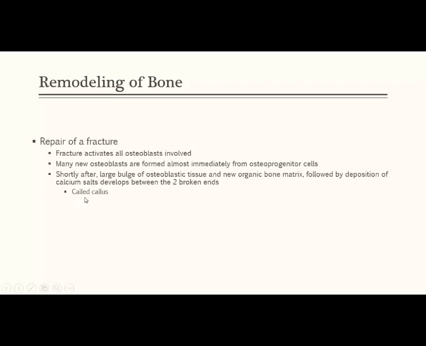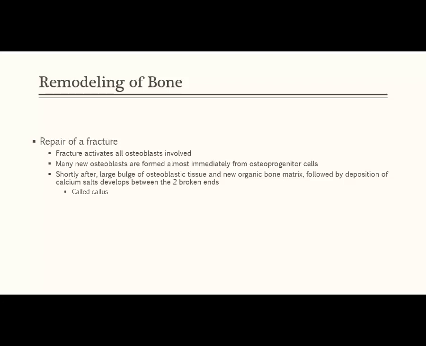Whenever a bone is broken or cracked or fractured, all the osteoblasts in the area get activated, and new osteoblasts are formed from the progenitor cells in the bone marrow. And immediately you start getting deposition of osteoid and then mineralization.